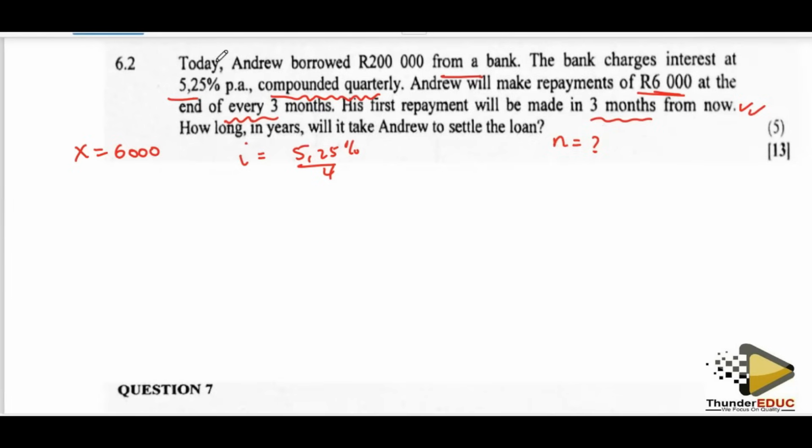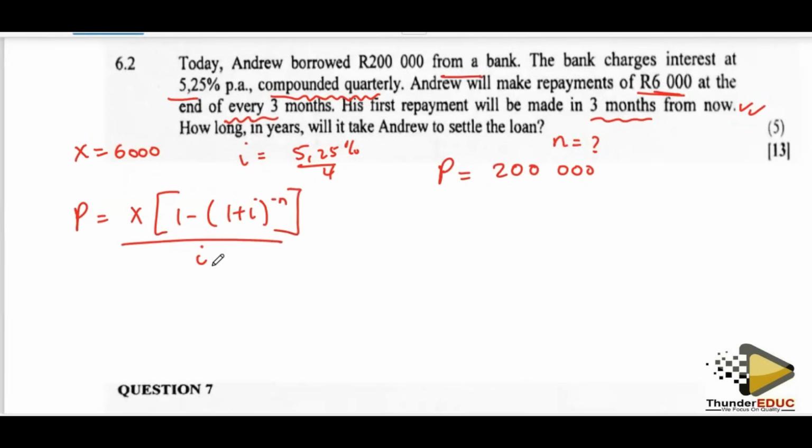Now, since this is a loan, it's going to represent our present value, which is 200,000 rands. So the present value from a loan is x into 1 minus (1 plus i) to the negative n, divided by i.